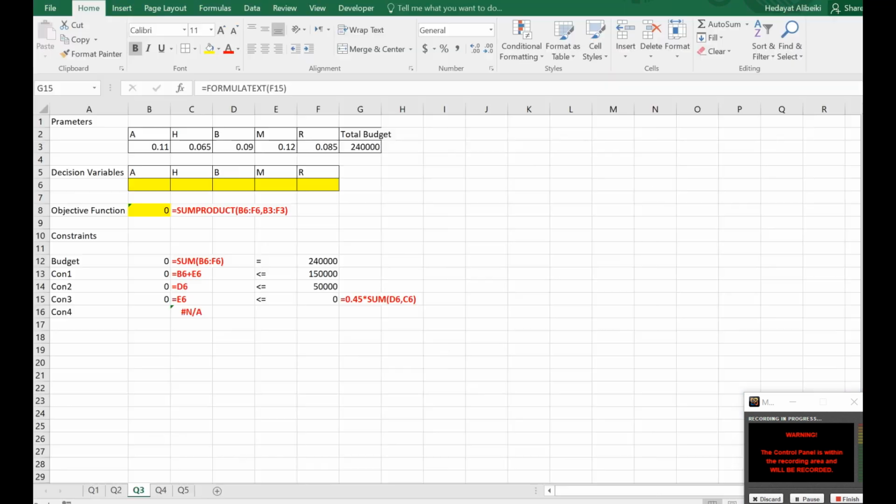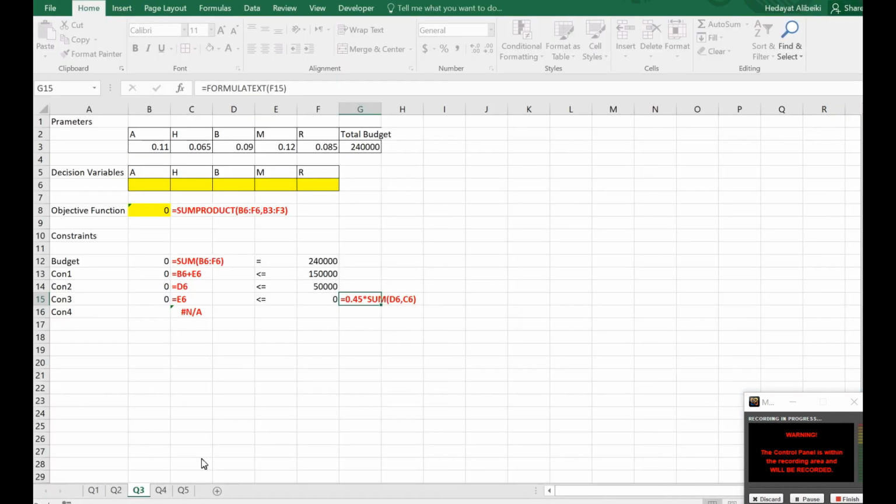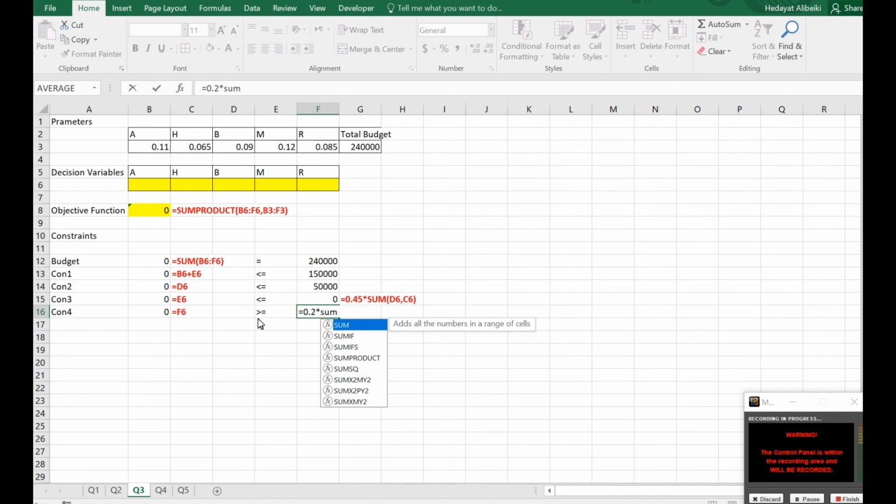So R, real estate, the last constraint: real estate R should be greater than or equal to 20% of the sum of banking and healthcare.